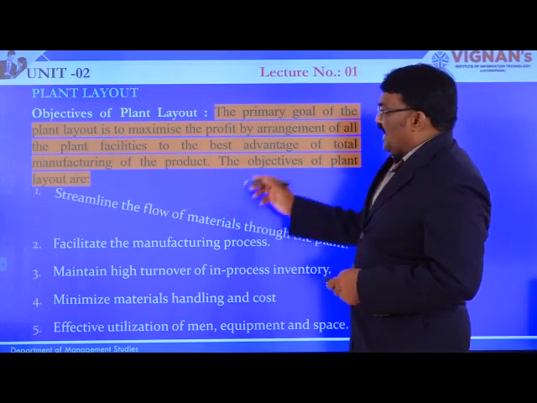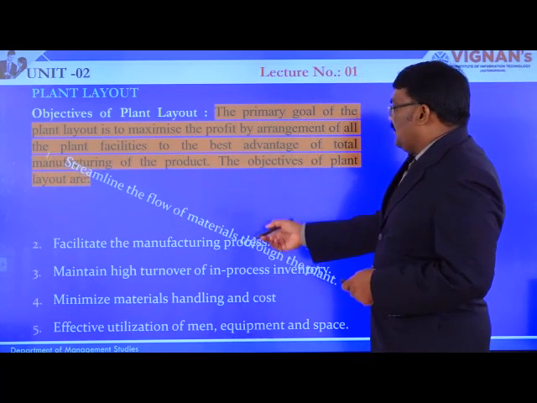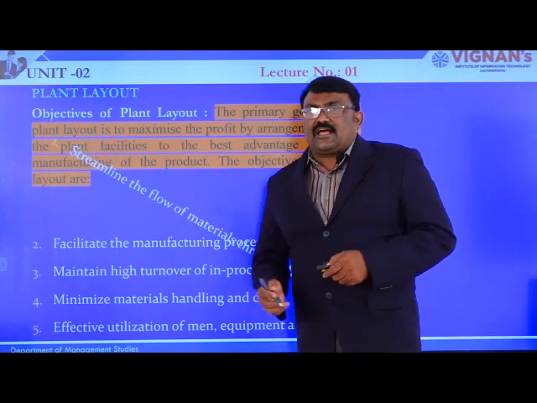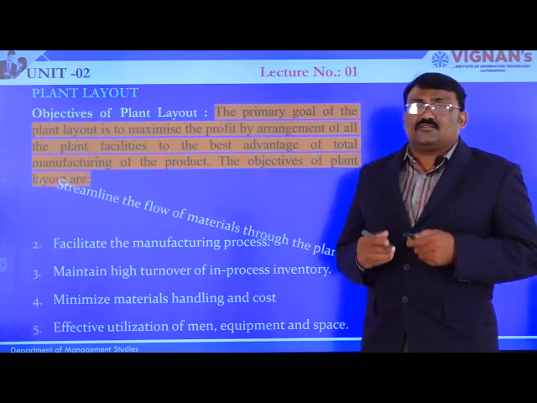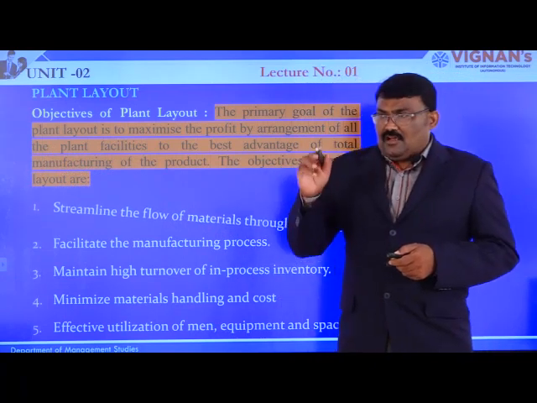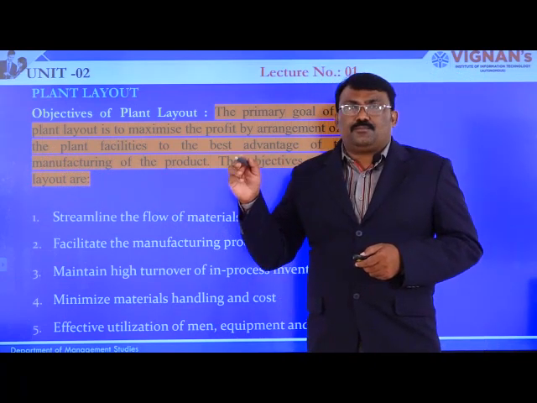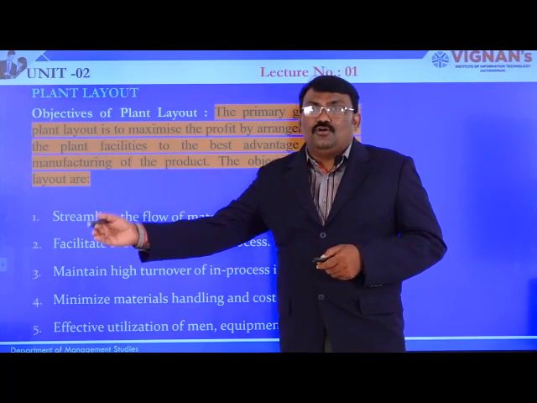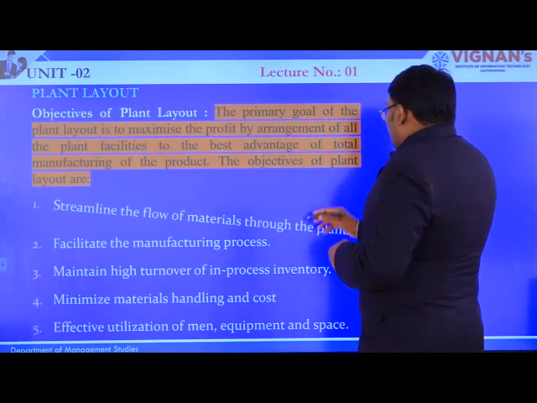objectives of the plant layout one by one, that is, streamline the flow of material. In streamlining, what we need to streamline is the order of the plant, in the sequence, how it is going to go through the plant.